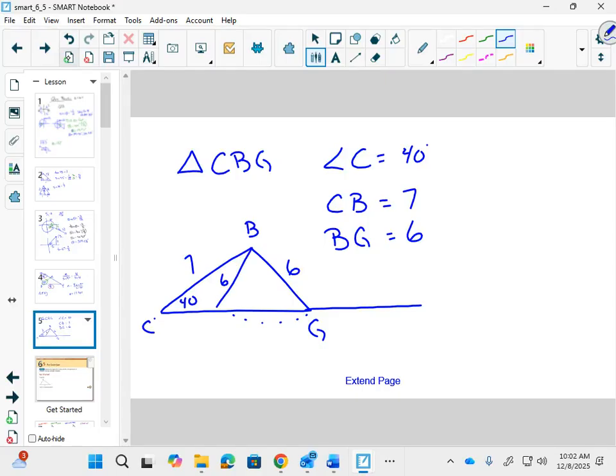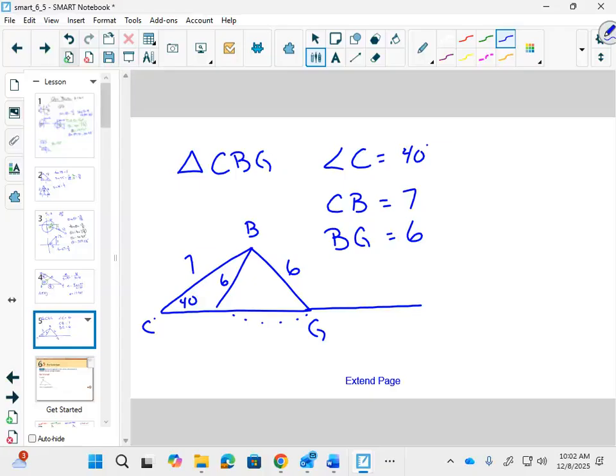Maybe there's two triangles. We don't know yet. Maybe it's 0. 6 seems pretty plausible for 2. I kind of imagine that length hitting twice. But I don't know. It could be 0, because I could make this angle 89 degrees and then 6 would never hit. But for 40 degrees, I think there's going to be 2.